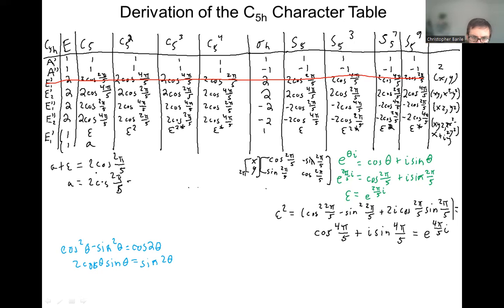So anyway, what is epsilon? We're minusing epsilon. Epsilon is cosine 2 pi over 5, and then we're minusing it, so minus i sine 2 pi over 5.